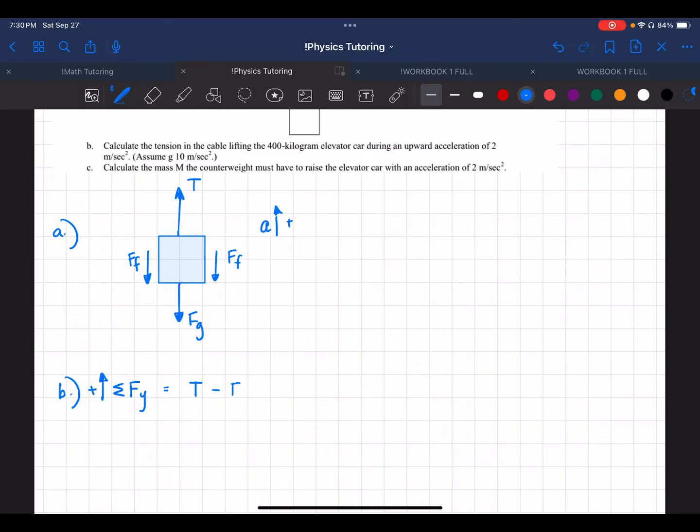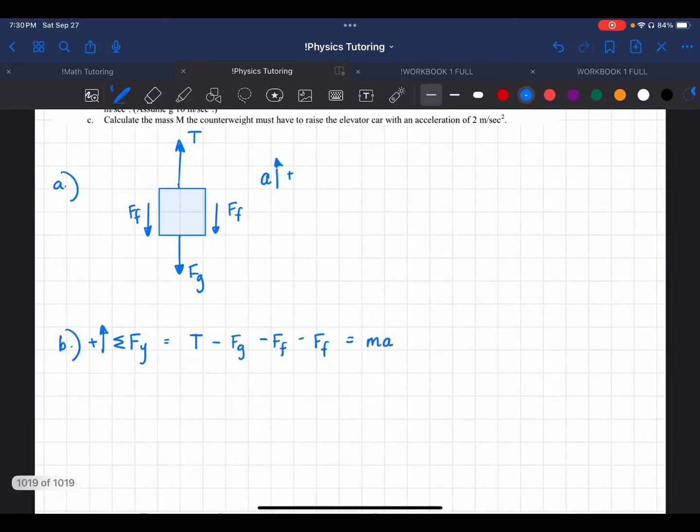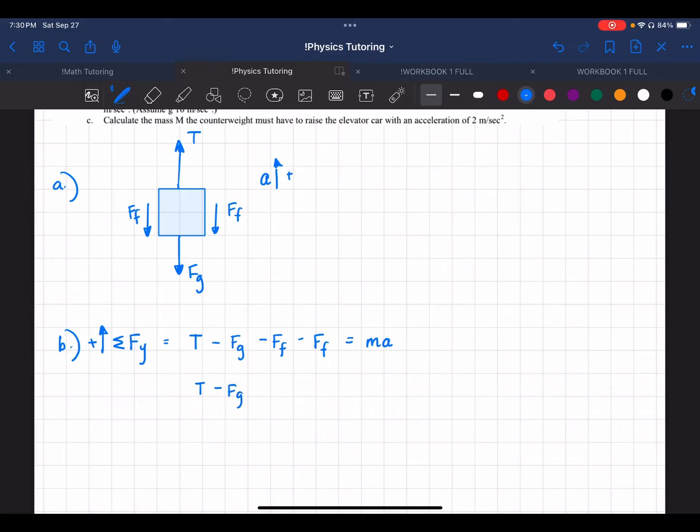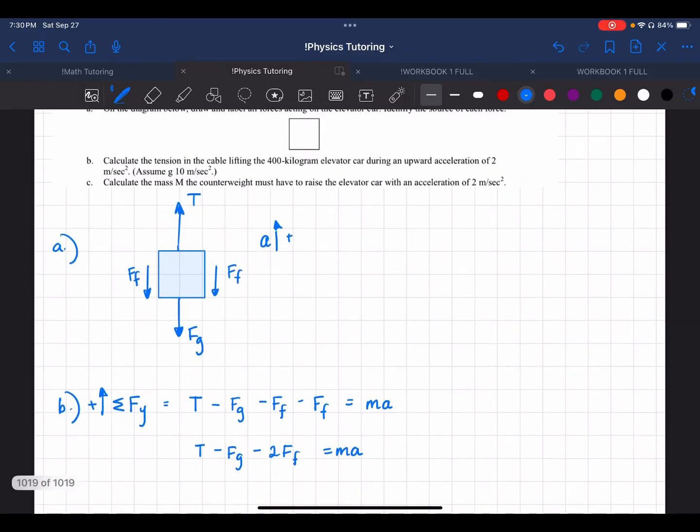Minus Fg, minus Ff, I have two of them, plus T. Combine the two Ff.